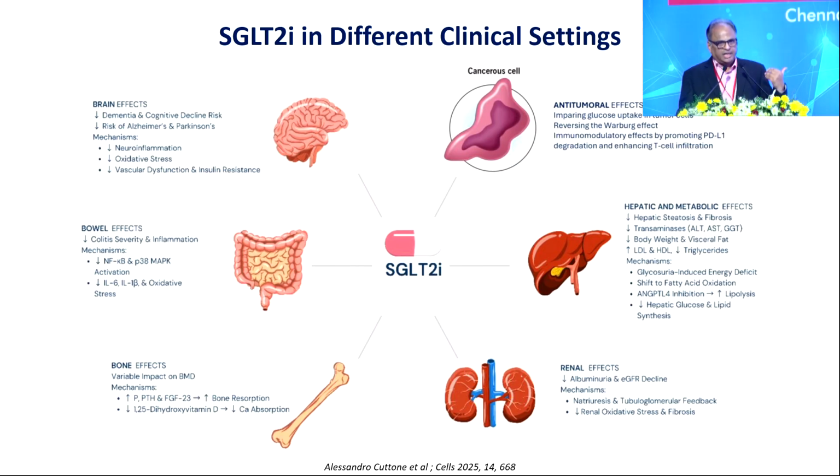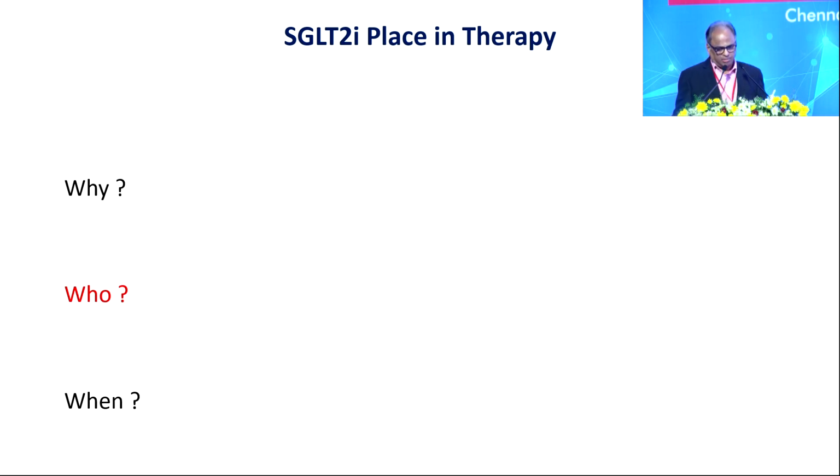Again, the cycle is that it reduces the free fatty acid levels, so the fatty deposition in the liver also comes down, because the weight reduction is also going to be there. We know about the renal effects, but bone effects are a bit dicey. There are some contradictory effects, whether it is beneficial or not.